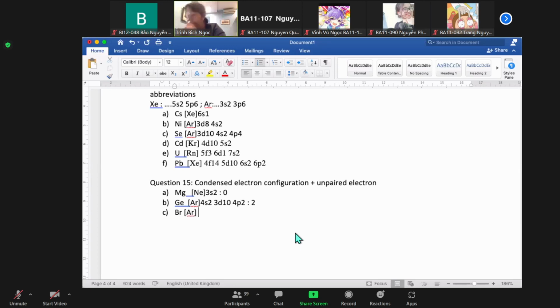Brom có 35. 17. 17, okay. 4s2, 3d10, 4p5. 4p5. Okay, so how many unpaired electron if we have 5 electron in the p orbital? So 1 yeah, unpaired. It's just only one unpaired electron.